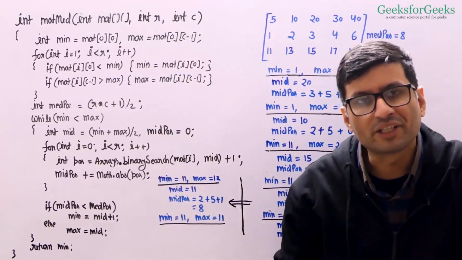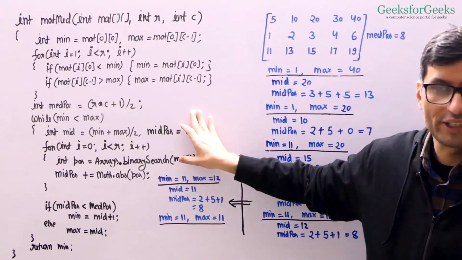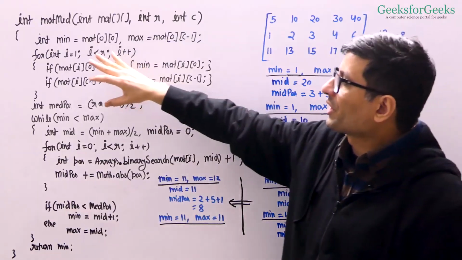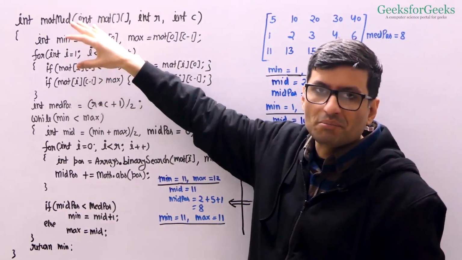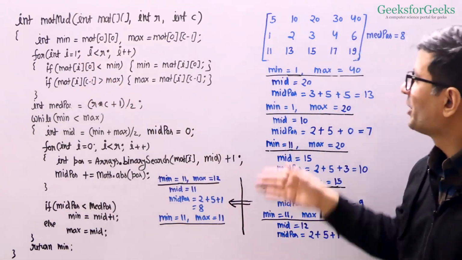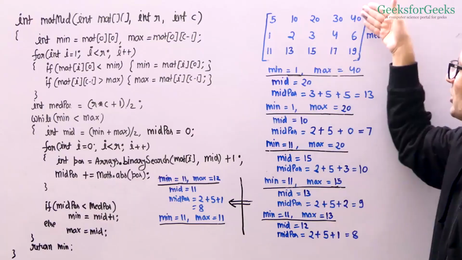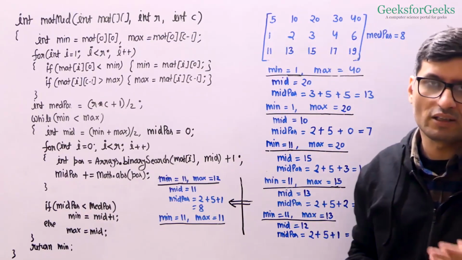Here is the implementation of the efficient approach, and this approach is going to use binary search. So in this approach, what are we doing? We are finding the minimum and maximum elements in the matrix first. The minimum element will always be present in the first column and the maximum element will always be present in the last column.